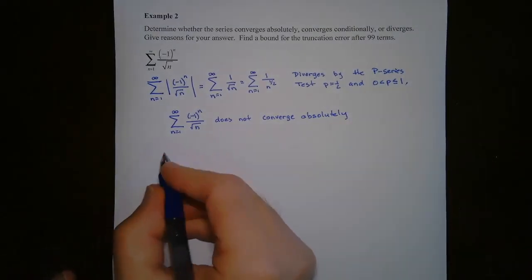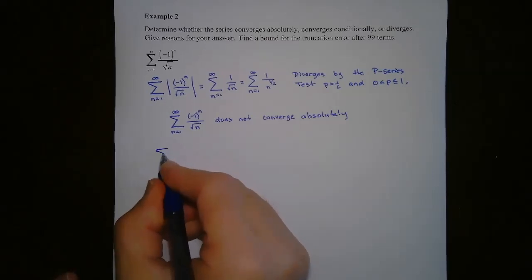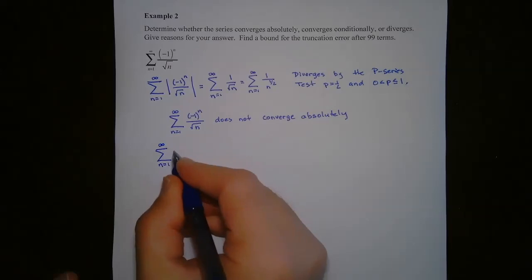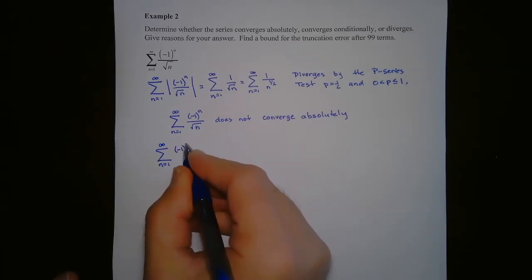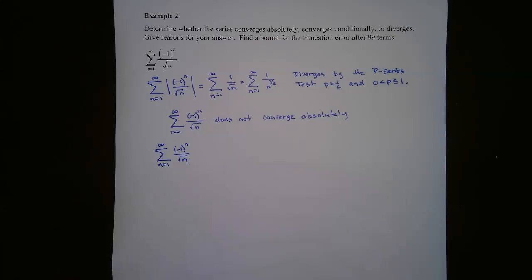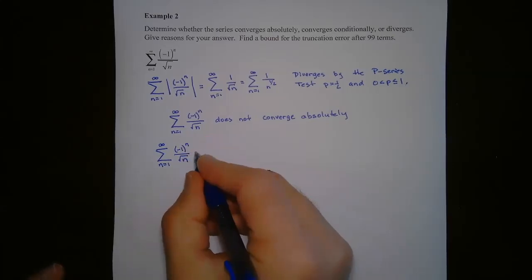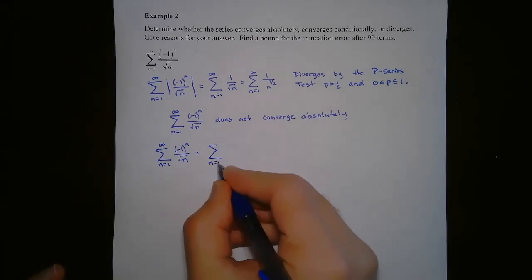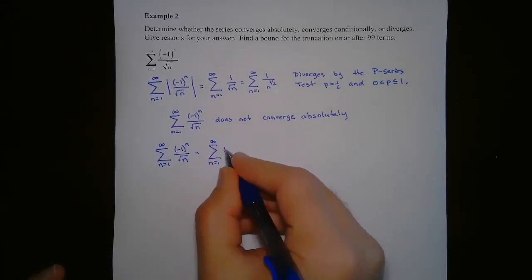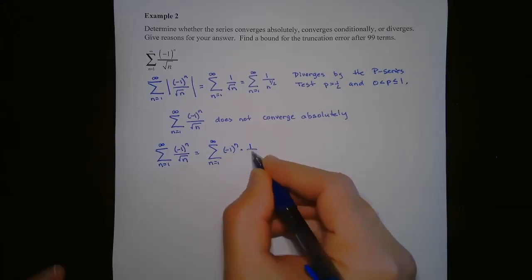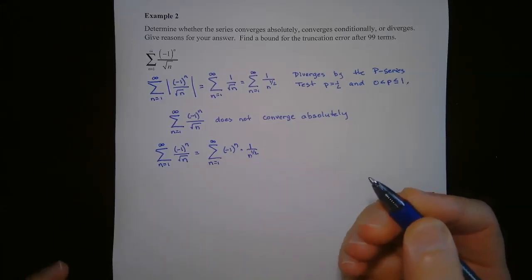Okay, so now let's look at the original series, the sum from n equals 1 to infinity of (-1)^n over the square root of n, which could be written as the sum from n equals 1 to infinity of (-1)^n times 1 over n to the 1/2 power, or square root of n.